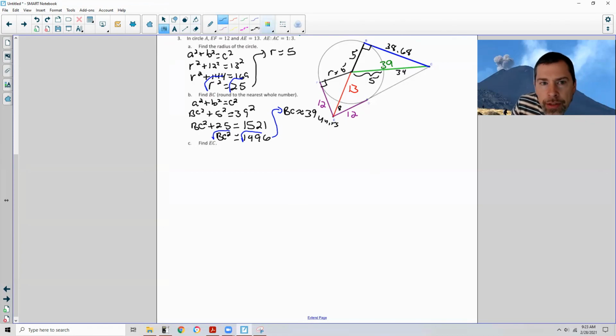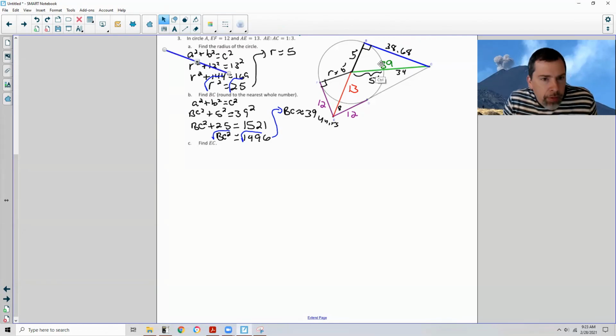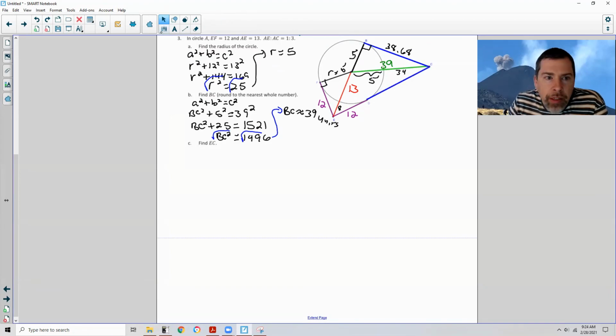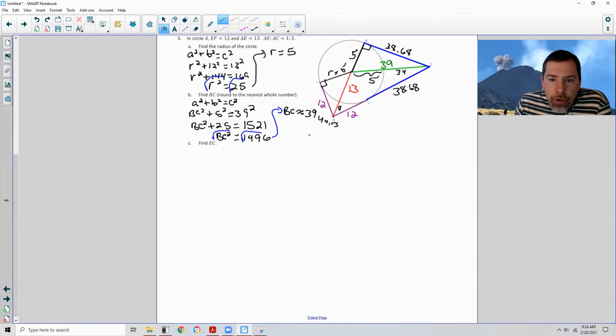So if BC is 38.68, then guess what? BD is the same length. So this is 38.68. So EC equals ED plus DC. And ED is 12.